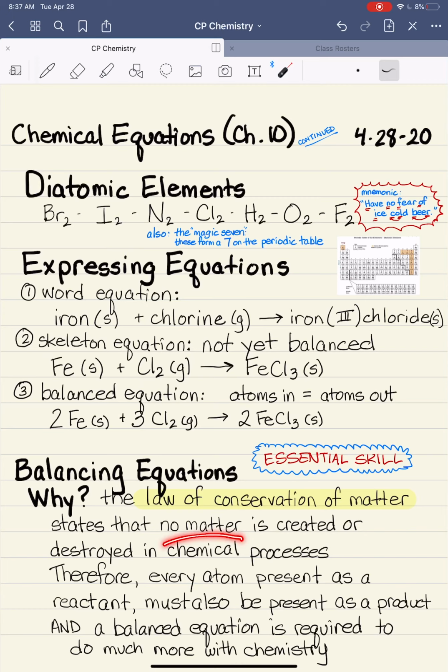But these are chemical processes, not nuclear processes. Okay, so every atom present as a reactant must also be present as a product. And if we're going to go any further in chemistry, you have to be able to balance the equation.